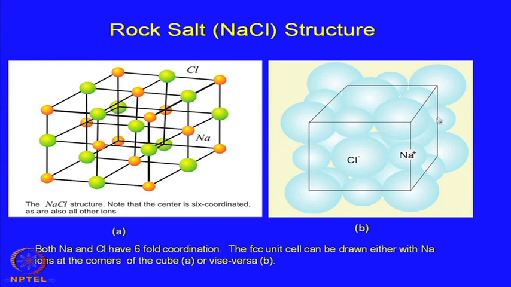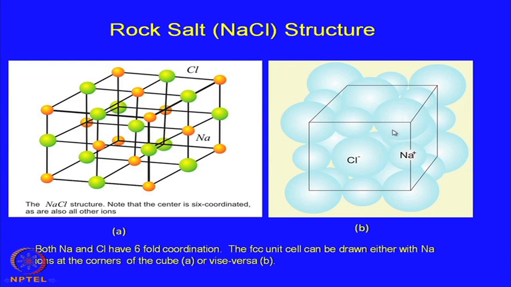So, on the right is the actual geometric shape and geometric pattern in which the sodium and chlorine ions are placed. Okay. You can see these larger ions are actually chlorine ions. Of course, the colors are more or less the same, but there is a size difference. So, these smaller ions are sodium and these are chlorine ions.